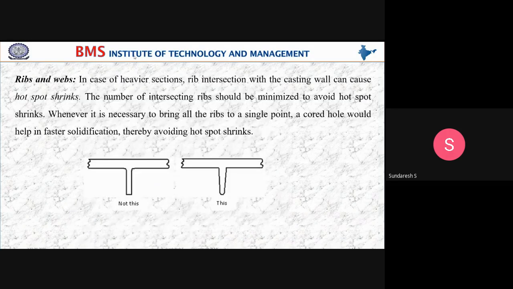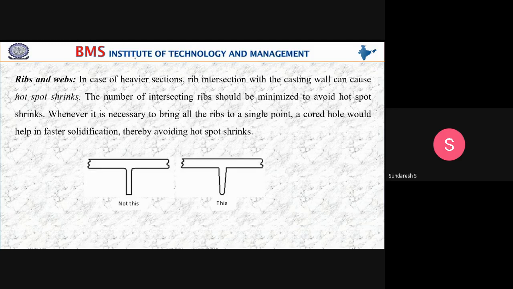Next thing is ribs and webs. Very important thing here. When you have a component with ribs and webs, in the case of a heavier section, a rib intersection with the casting wall can cause hot spot shrinks. This is a most important casting defect, which we call hot spot shrinks.